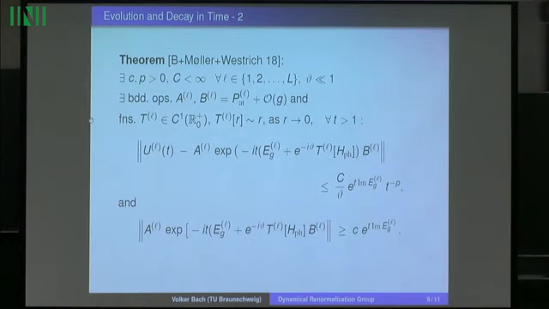What it says is the following: fix an energy level, little l, then corresponding to this energy level, the propagator U_L of t can be, for any time scale t, approximated by a fixed operator A_L, then a time-dependent part which has the form of a semigroup, and then again on the right some other fixed operator B_L. And the approximation is accurate.